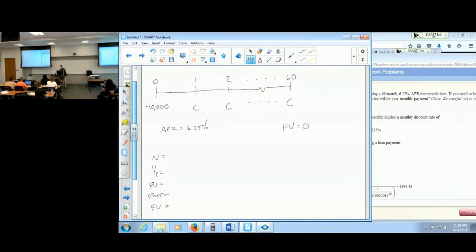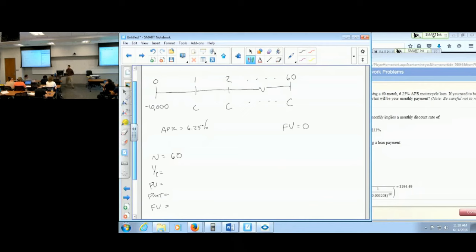Okay, N is the total number of periods or the number of payments if you've got an annuity, which this is. So in this case, N is going to be 60. Our I over Y, remember the terms in I over Y are going to match the terms on N. N is in months, so the I over Y has to be the monthly effective rate on this loan.